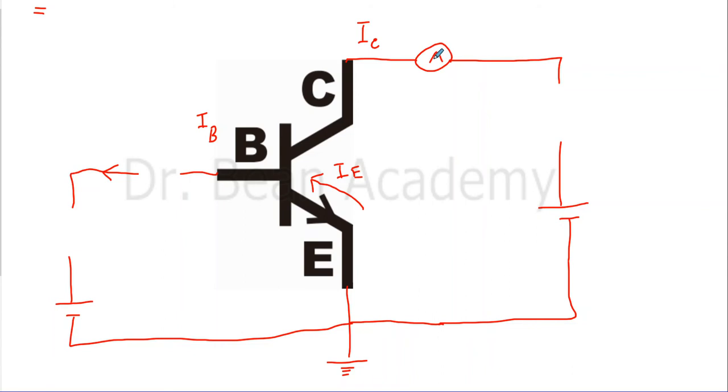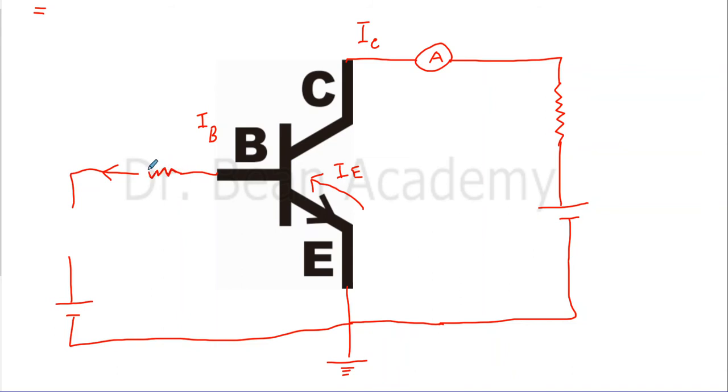So that's why I will make a practical circuit diagram of the transistor in common emitter configuration. Sometimes we need a resistor to limit the current, because if the amount of current is too much, then we use a resistor in series.